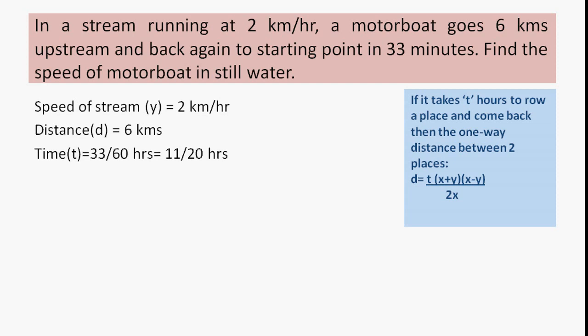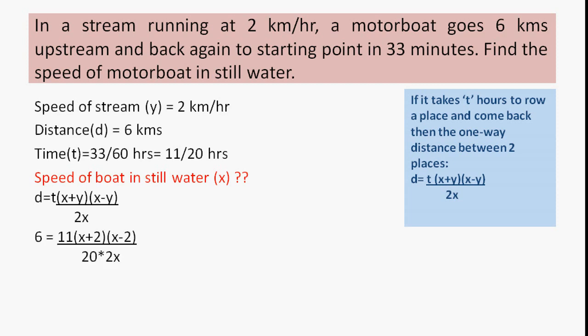So taking the value of d as 6, t as 11 by 20 and y as 2, we get the quadratic equation 11x square minus 240x minus 4 equal to 0. If we factorize this equation, we get the two factors as x minus 22 and 11x plus 2.